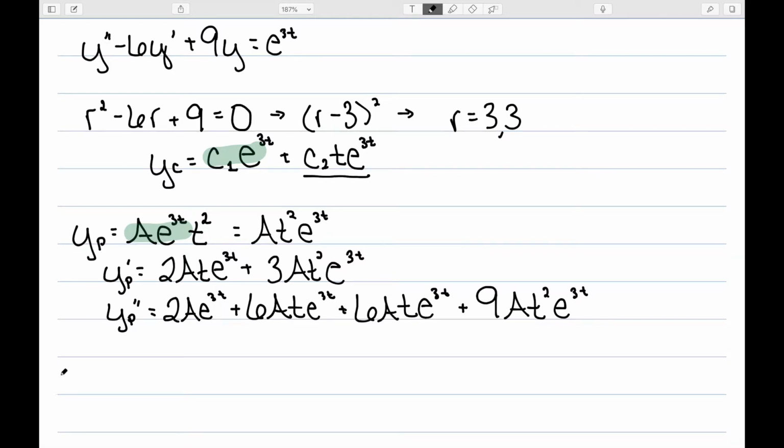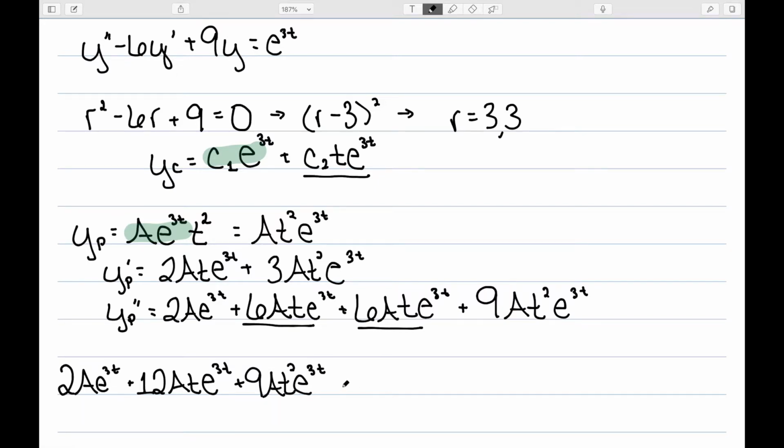Using my original differential equation, we have y double prime, so 2a e to the 3t. I'm going to go ahead and combine these two here to get a 12at e to the 3t plus 9at squared e to the 3t. I then need to do minus 6 times y prime.